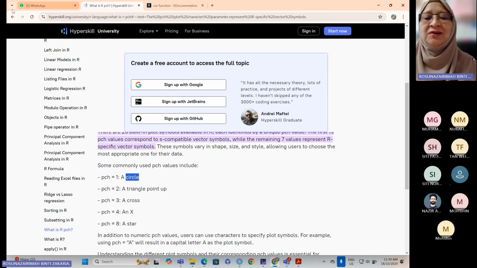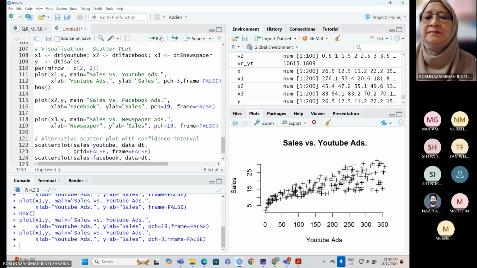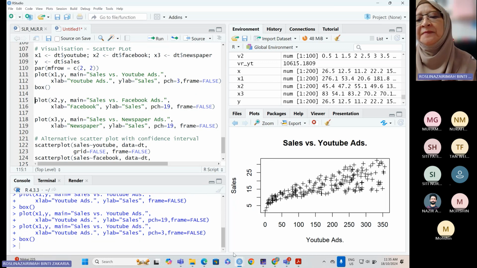If you try 3, what would you get? PCH 3. PCH is 3, for example. See? It becomes a star. Can you see? You can zoom in. Interesting, you can change it around.